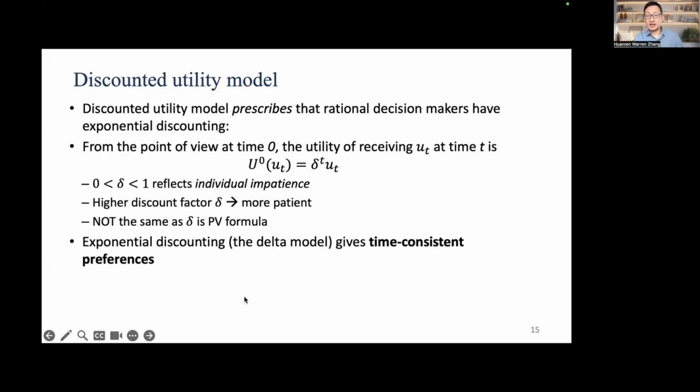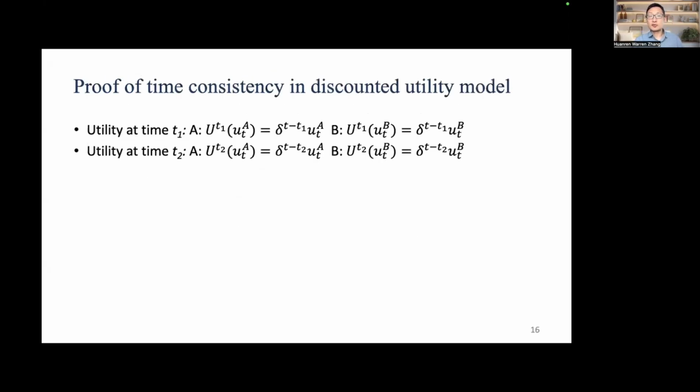It just basically saying that if you prefer A to B at time point 1, you will also prefer A to B at time point 2. Right? So this seems to be reasonable, right? So that's why it is assumed by the discounted utility model, right? So it prescribes time consistency, right? If you prefer A to B today, you should also prefer A to B tomorrow.